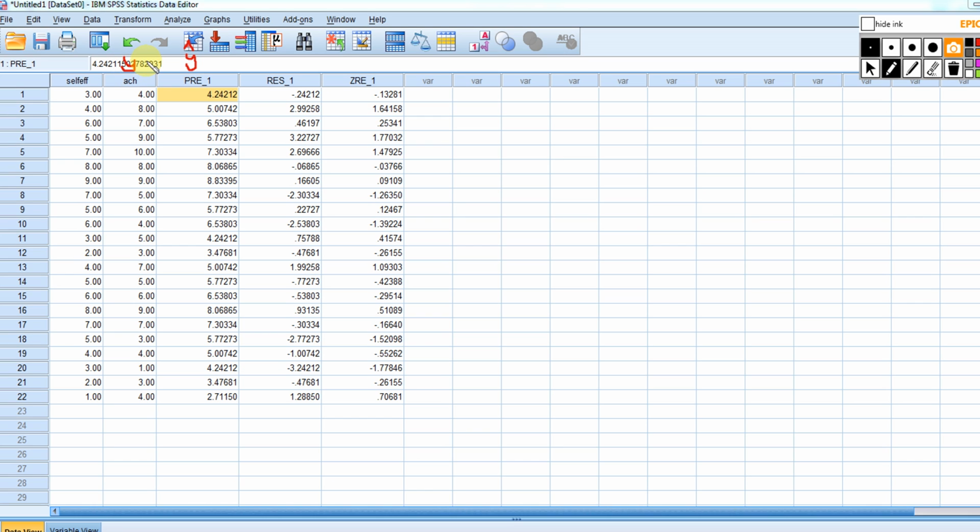So each case in your data set has a predicted score that's based on the statistical model, and then we also have residuals. The mean of the residuals is 0, so person 1 actually scored about 0.24 units below the mean of the residuals, which is 0.